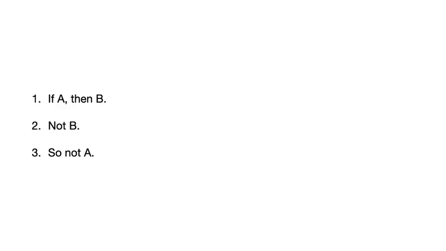If A, then B, not B, so not A. You know that whenever you have A, you're also going to get B, so you know that if you don't have B, you don't have A. Whenever it rains, the ground is going to be wet. Well, if the ground's not wet, it couldn't have rained.